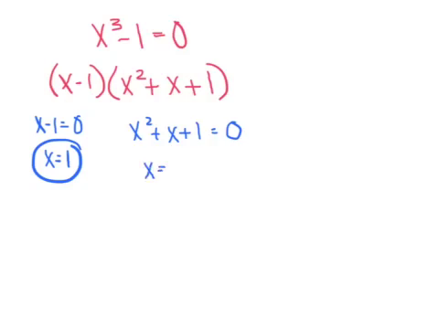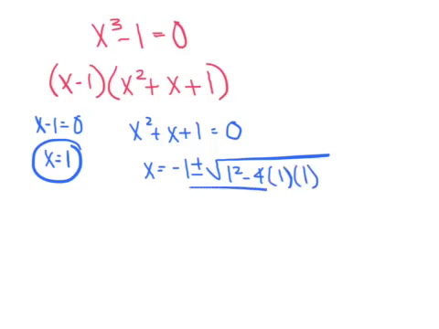X equals the opposite of b, plus or minus square root b squared minus 4ac, all over 2a.